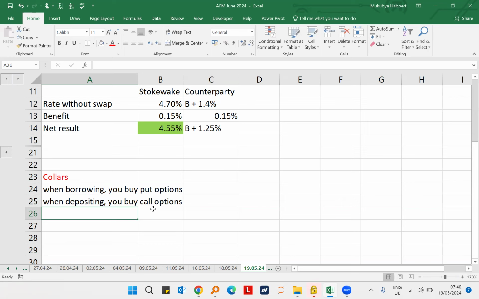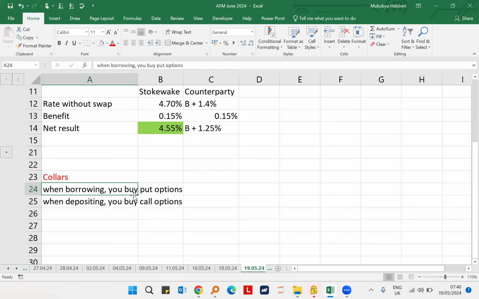And it makes sense, because when you're borrowing, you are worried that the interest rate is going to increase. And if the interest rate is going to increase, the options prices are going to decrease. So you normally hedge the opposite way around.